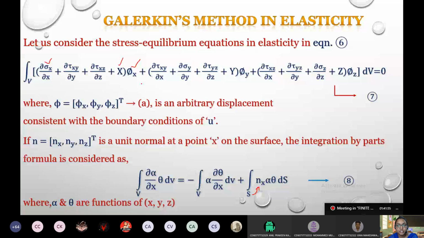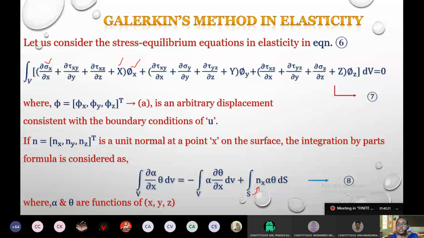When we are taking only the volume, it is body force. When we take the unit normal also into account, we use the Green-Gauss theorem on that equation, and then rearrange terms in such a way that all the body forces, all the traction forces, all the point loads are taken into different parts.